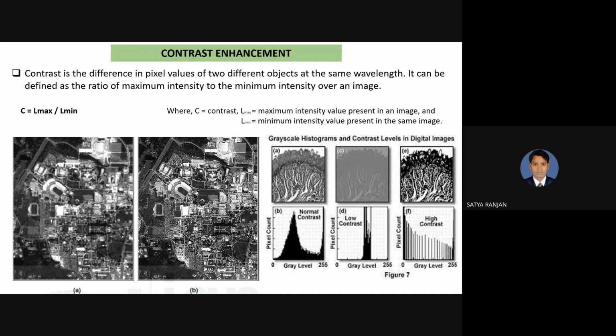Sometimes high contrast is also important, because sometimes satellite images are not visible clearly, but in the high contrast we get information of different linear features. That's why some high contrast images are also required. So this is related to the contrast enhancement.